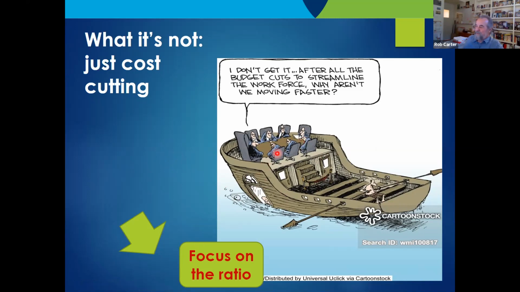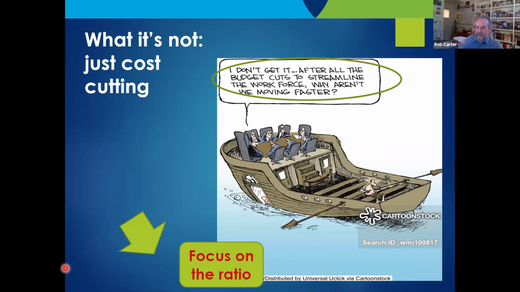Here you'll see it's the good ship Endeavour, and you have the management up the top here. The big boss is down here, I guess. And you can see what they're saying here: "I don't get it. After all the budget cuts to streamline the workforce, why aren't we moving faster?" And of course, they've cut so much, you've got just one poor little rower down here trying to achieve it.